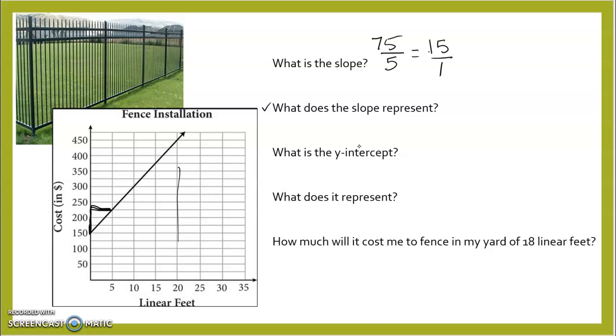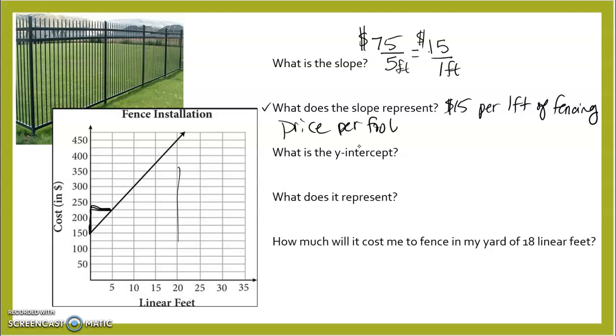Sometimes it helps to put the labels up here. So this is like $75 for 5 feet, or $15 per foot. And that kind of jumps out at you. It's telling us it's $15 per 1 foot of fencing. Or we could say the price per foot is what it represents.